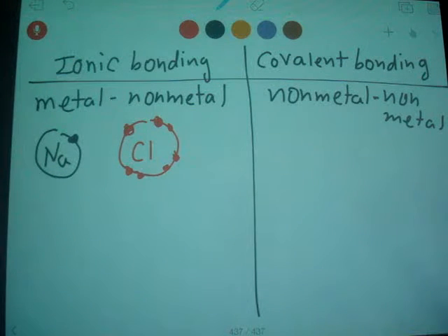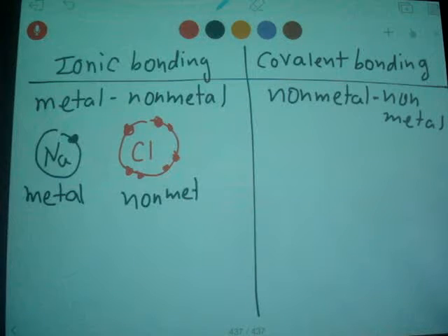Na is a metal and Cl is a non-metal. Metal has a tendency to lose electrons. Non-metal has a tendency to gain electrons.